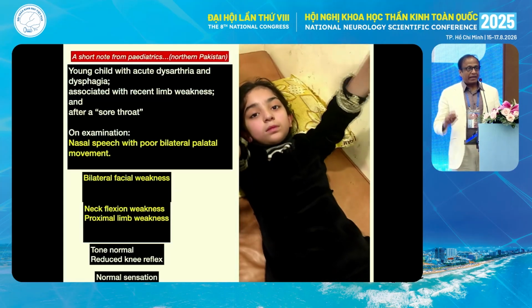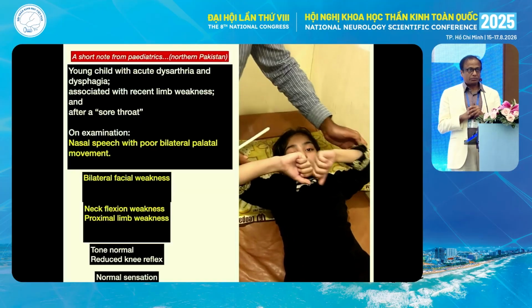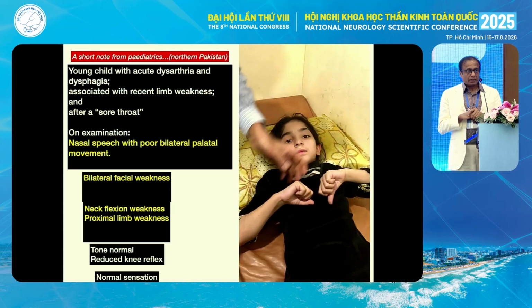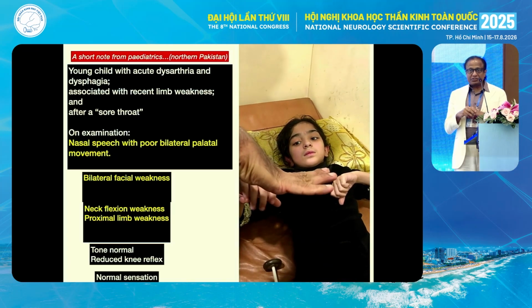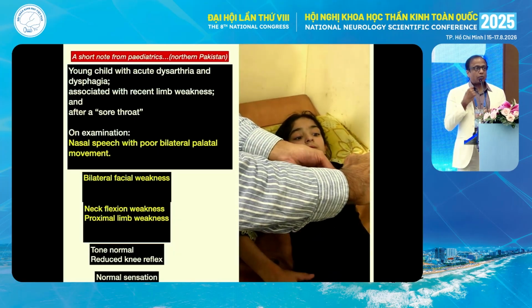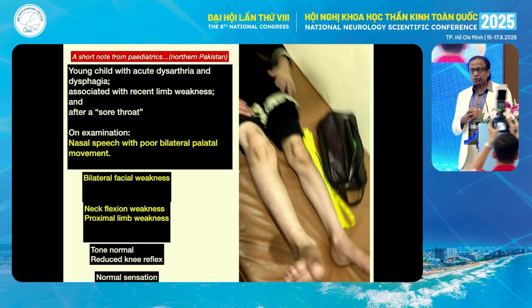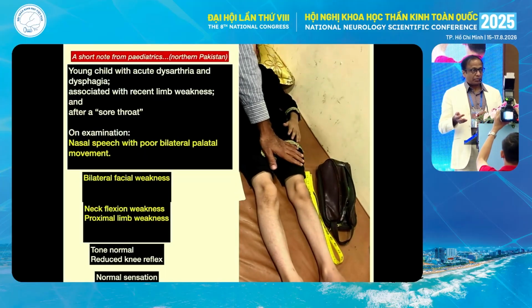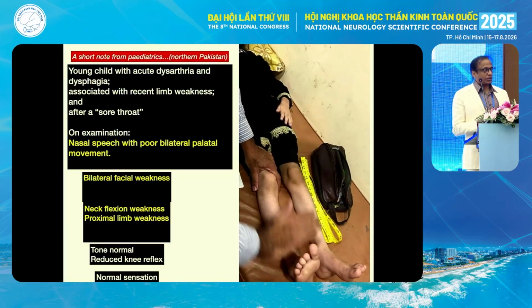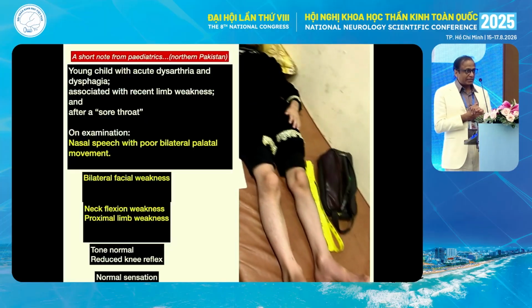She was seen by the pediatricians for a complaint of acute sore throat, and she was treated with antibiotics. Being a hospital in a poor country, in a poor region, there were no resources to find out what was the organism. Most times when they see an infection in the throat, they give penicillin and the patients get better. But then subsequently, she was referred to us, the neuromuscular adult physicians.